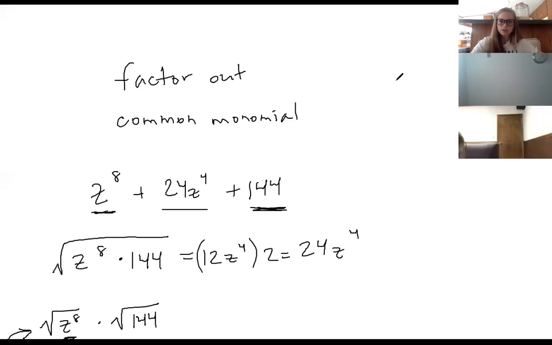So page 426 to 427, numbers 1 through 20 all. You have the back of your book to check the odd numbers, and then we will go over some of these tomorrow in class, and we'll keep doing more of these problems. Any questions y'all got for me?